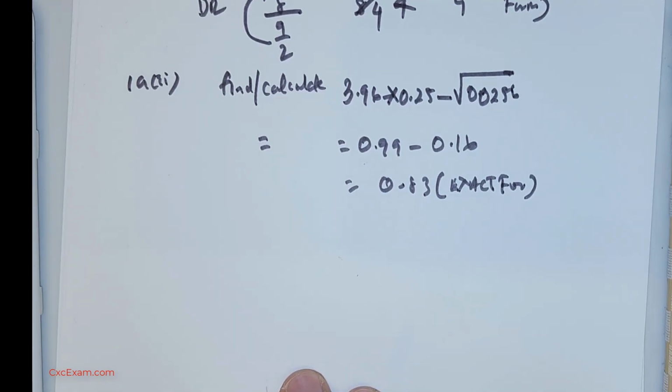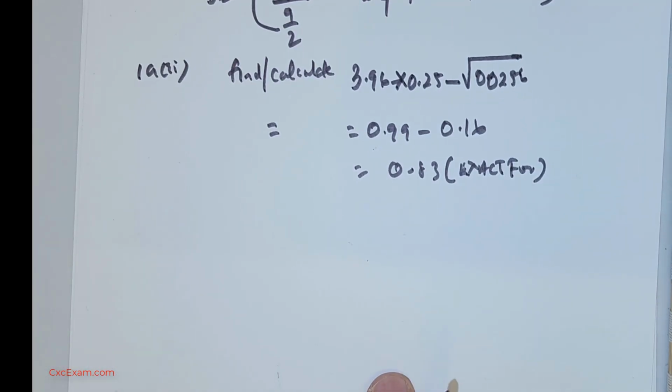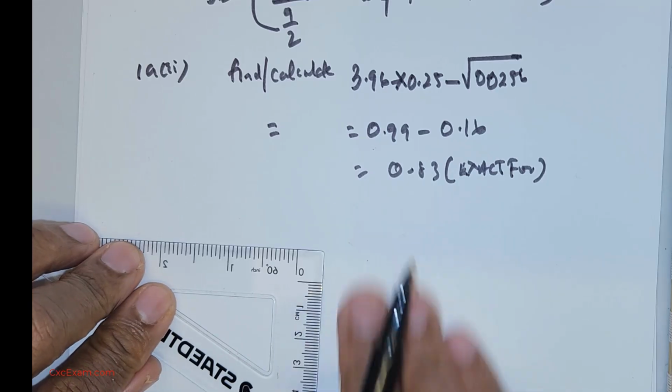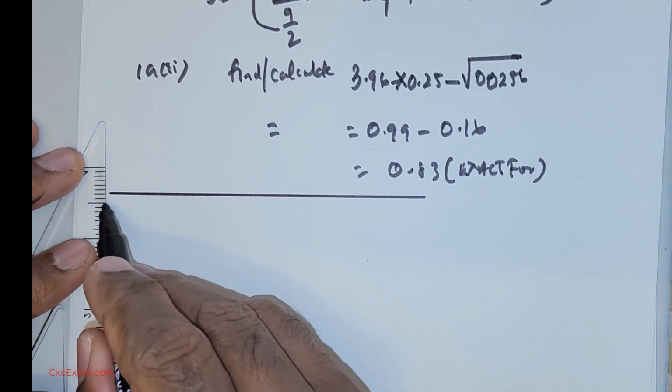Now let us move on to the next one. This is the question. Let me write it down. Now this is the next question. We have this table, so let me draw the table there.